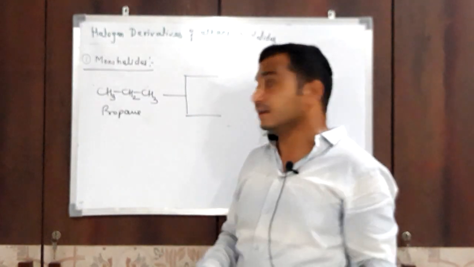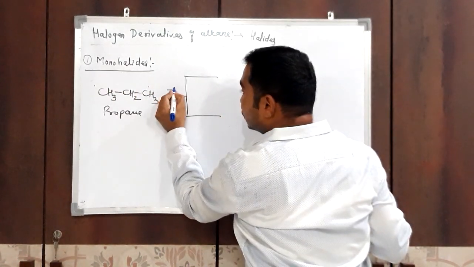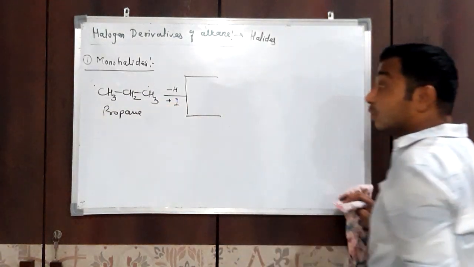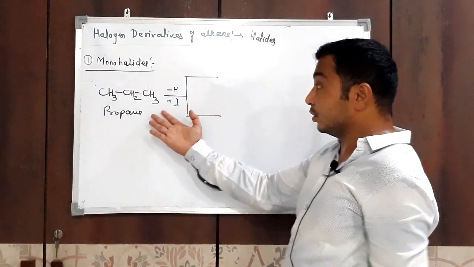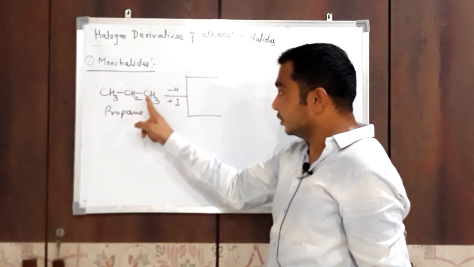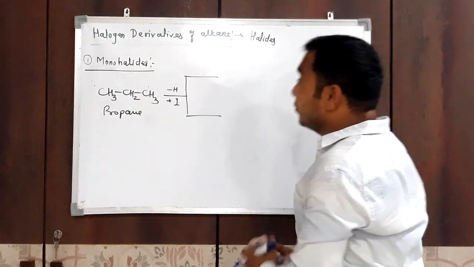Therefore, these are identical. Now, suppose I want to replace one hydrogen atom from propane by iodine. Then what do we have to do? In this compound, I have two chances. Either I can replace a hydrogen atom from the terminal carbon atoms, or from the middle carbon atom.